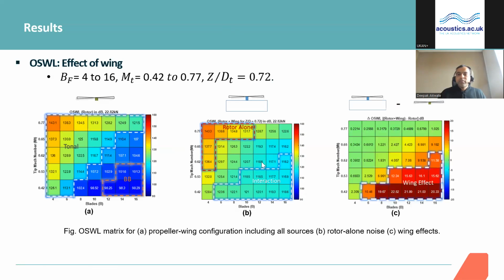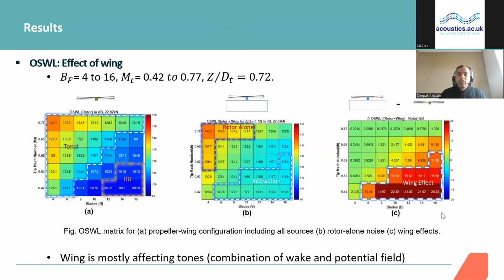So in terms of the wing effect, if we take a delta OSWL, we can see that the wing is mostly affecting the high blade number and the low tip speed. So this wing is mostly affecting the tones, which are a combination of wakes and the potential field.